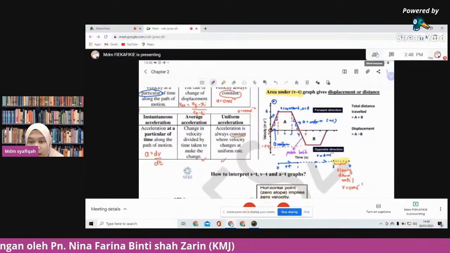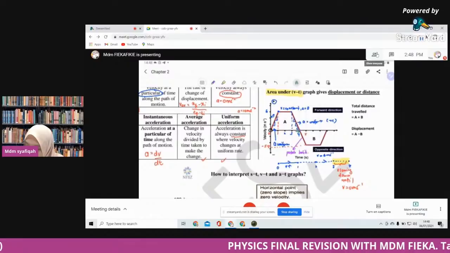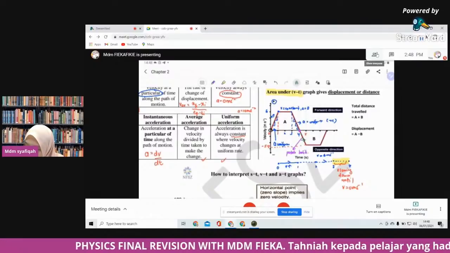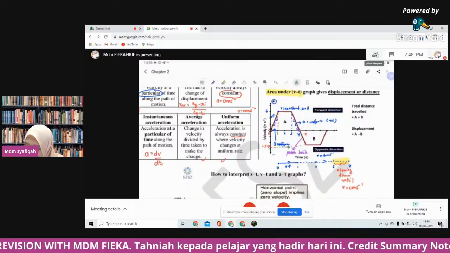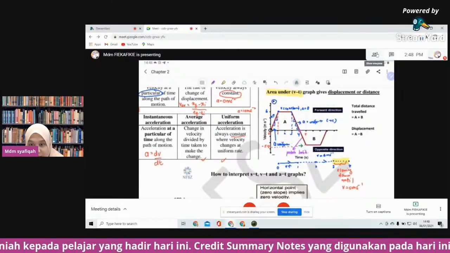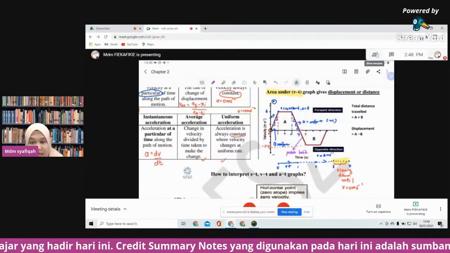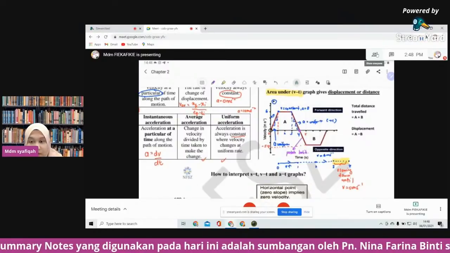But what happened to the velocity? The velocity just now was zero, here is zero. Here is zero velocity. And what happened? The velocity is increasing from 0 to 5.8 meter per second. The velocity is increasing, but the car is moving in opposite direction.